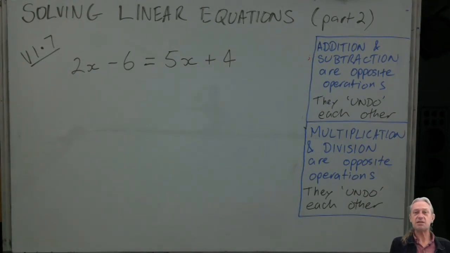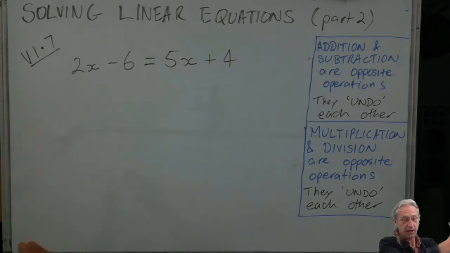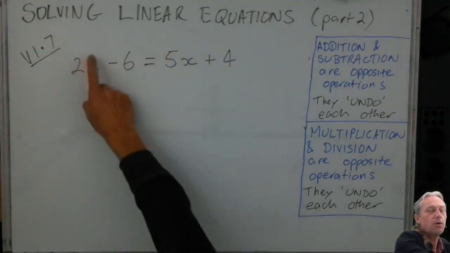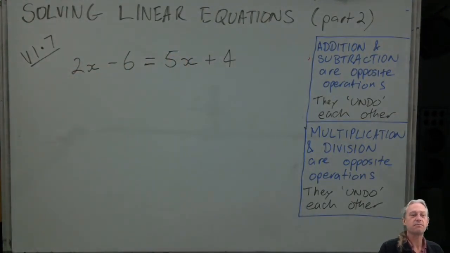So the idea with this is we want to put all the x terms on one side of the equals, collect them together, all the just plain old numbers on the other side of the equals and collect them together, and then however many multiples of x we've got left on its own, we'll then divide by that many multiples to get x on its own.